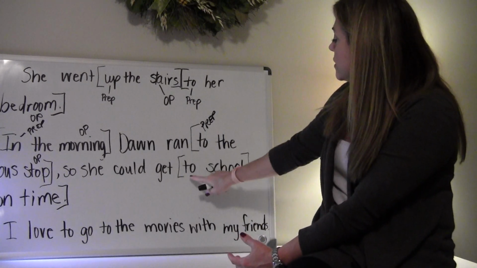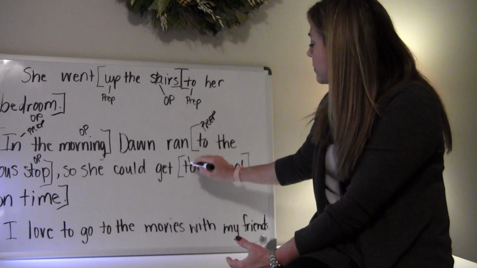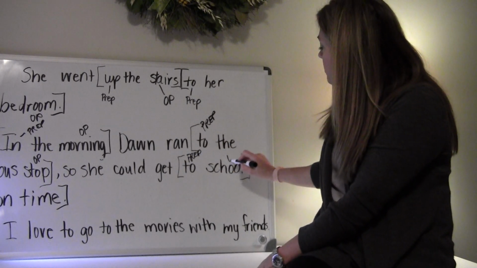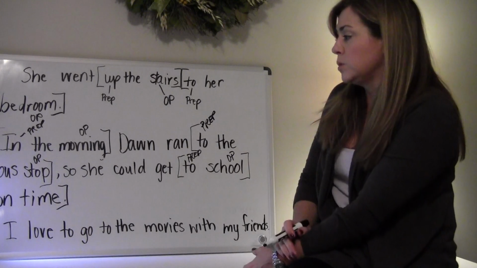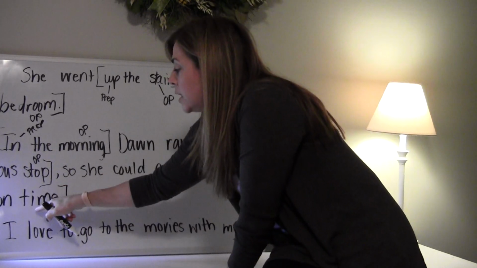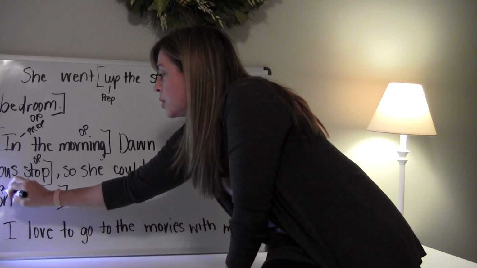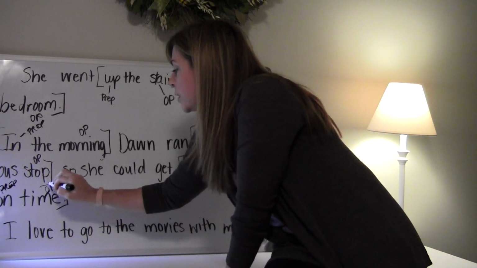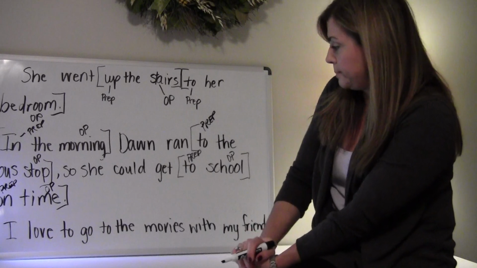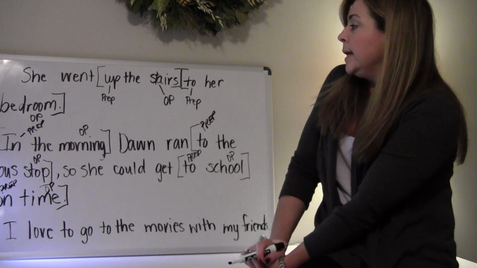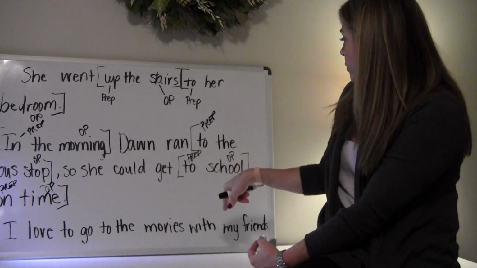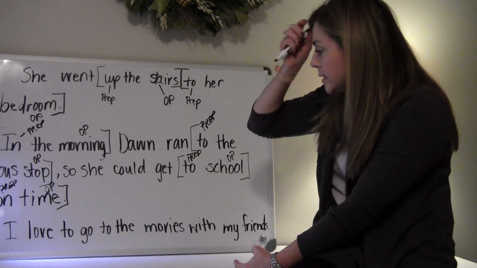Stop is. To school, preposition is to, and the object of the preposition is school. On time, preposition on, time, OP, or object of the preposition. Okay, that one had a lot. We had 1, 2, 3, 4 in that one sentence.